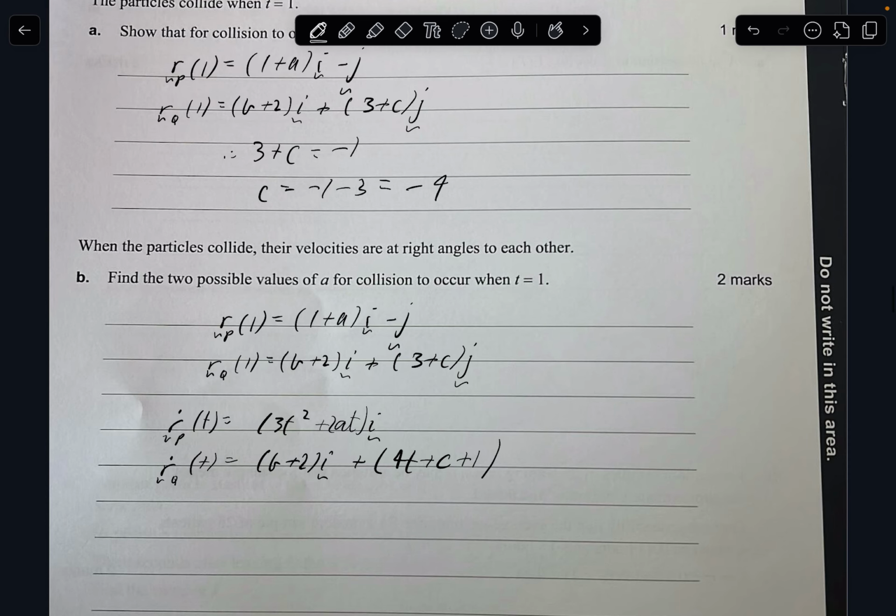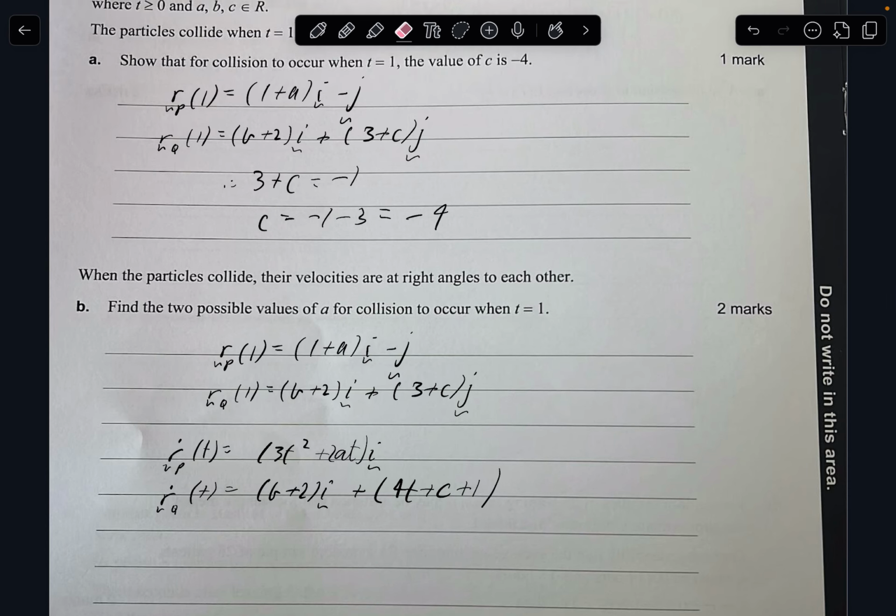And we know that c is -4, so -4 plus 1 is -3.